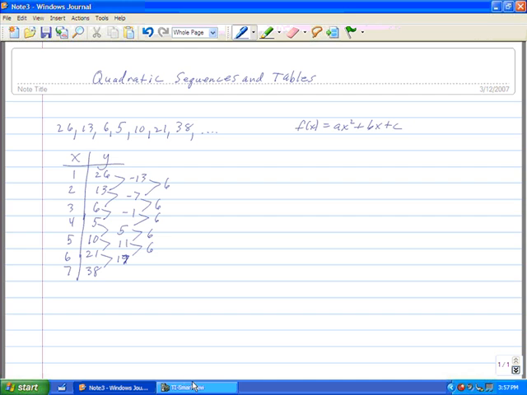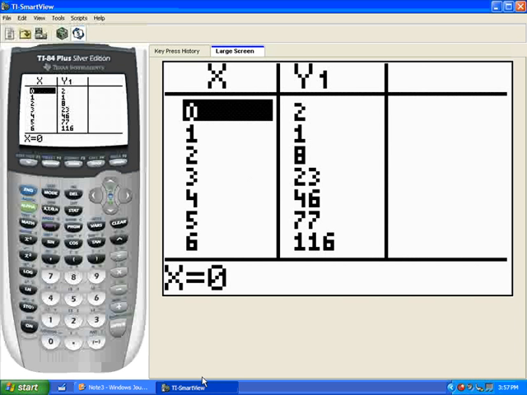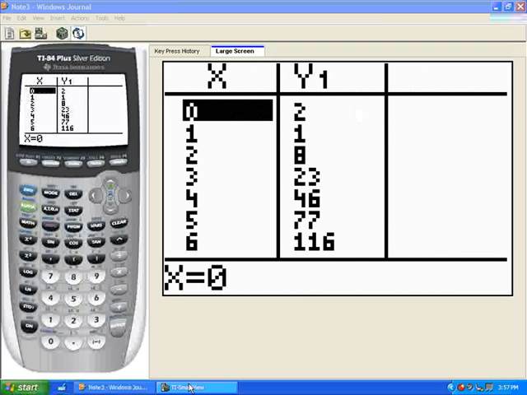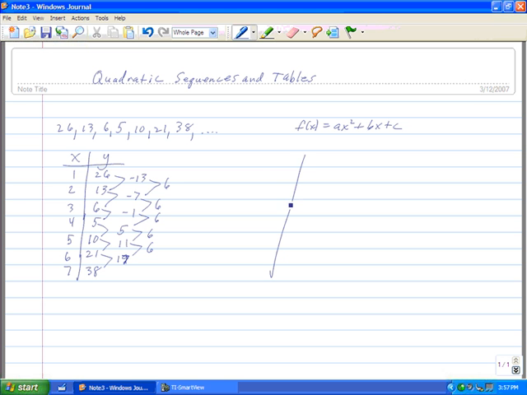Now we have another one set up here. If you look at the smart view image of the calculator, we have some y values here: a 2, a 1, an 8, a 23, a 46, and so on. We could copy those down into a table with our x's and y's again.